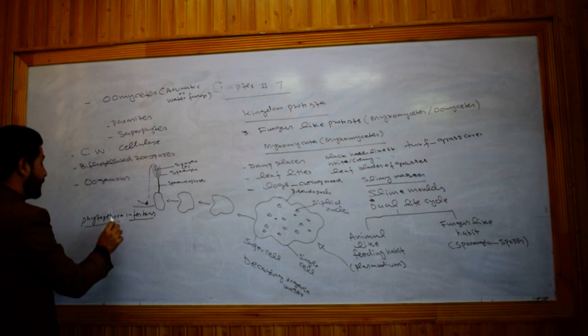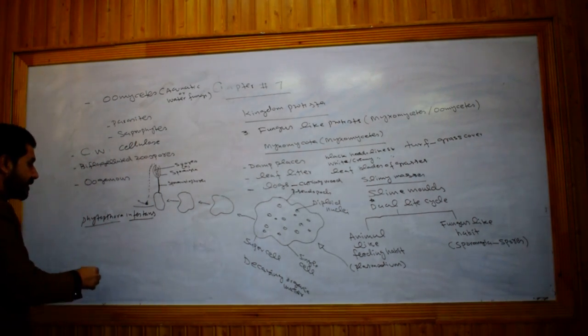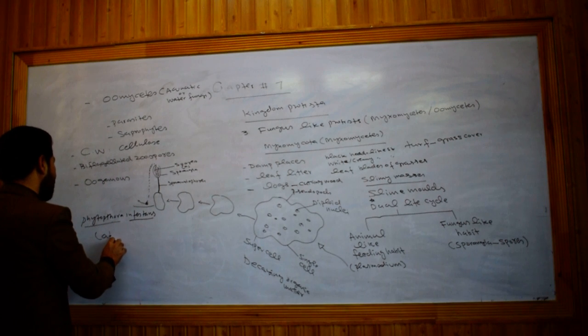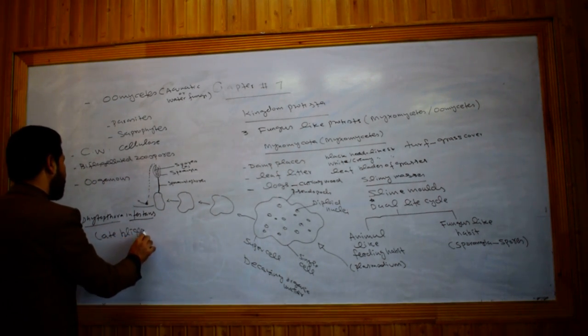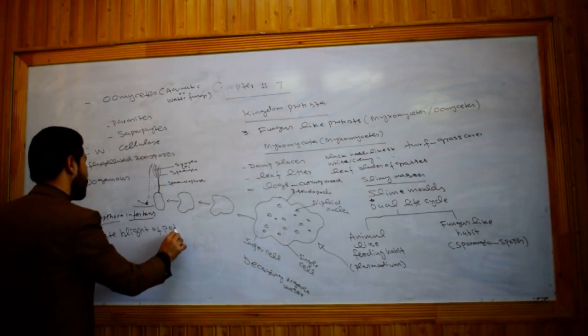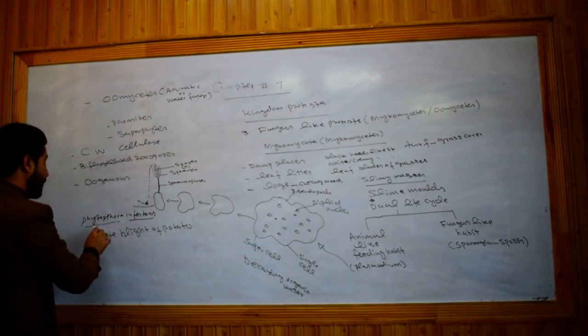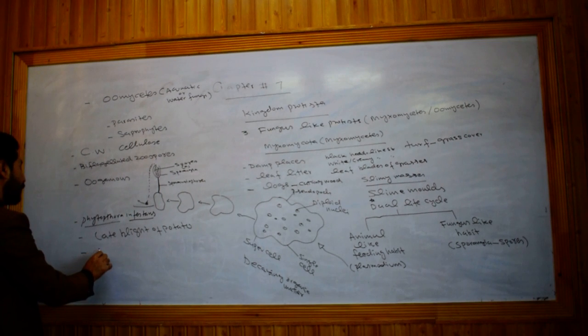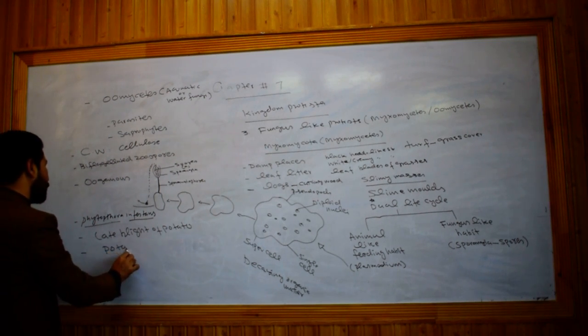This is the name of a fungus belonging to the oomycetes. The causative agent of what? Late blight of potato. This is the name of the fungus, this is the name of the disease, and what is the host? The host is the potato plant.